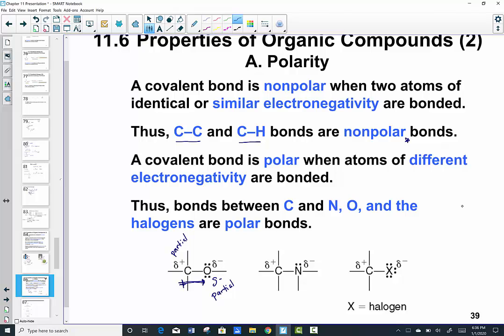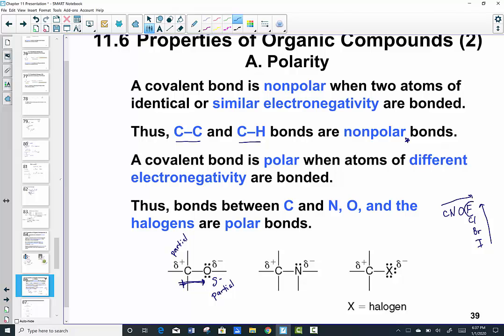Now remember, on your periodic table, fluorine is the most electronegative. Right next door to that is oxygen, right next door to that is nitrogen, and then carbon. Fluorine, chlorine, bromine, iodine going down in group 7A. Electronegativity increases as you approach fluorine in both directions.